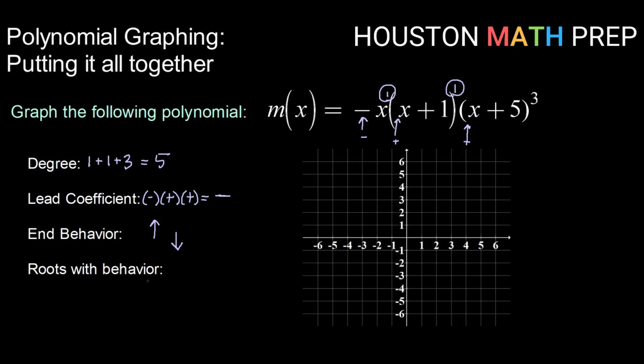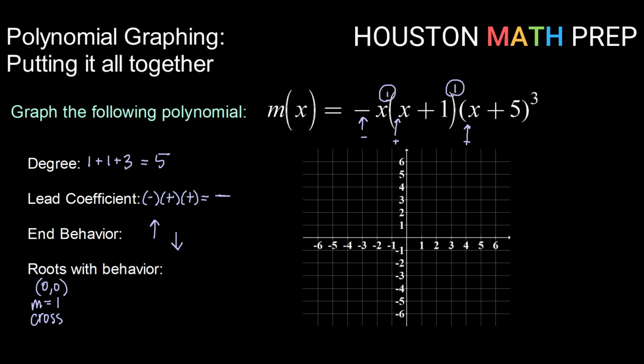Moving along to gathering my roots and their behavior. First thing I'm going to take is my factor of x and set that equal to 0 to get the root 0, 0. My multiplicity there is going to be my power, in this case 1, and odd multiplicity gives me cross behavior.